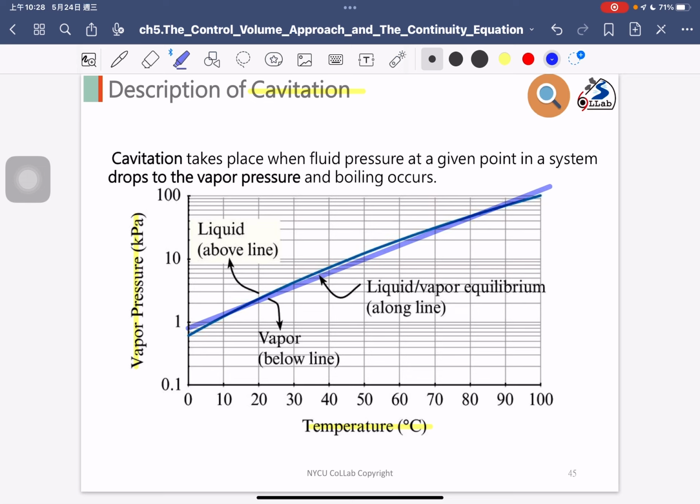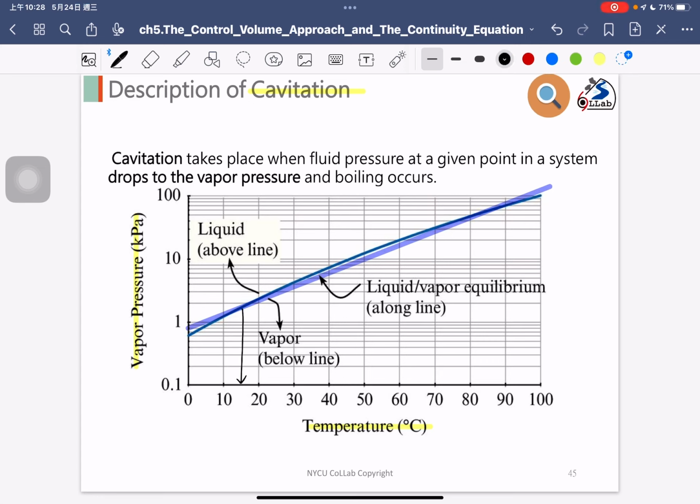Based on this curvature line, we can identify if the pressure environment is lower than this line, and your material phase will change from liquid to vapor. That indicates I can pick out the normal condition, maybe here.